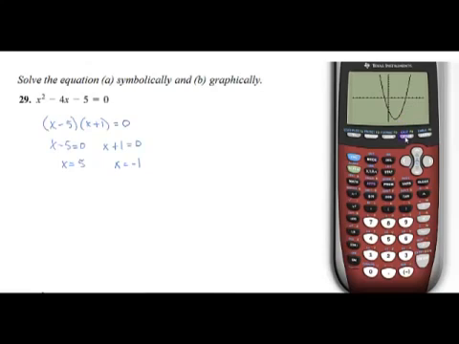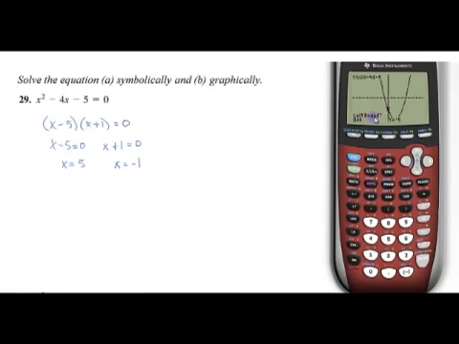Okay, so what we need to do is use the calculate menu right here. So second, calculate, and we want to find the 0. In other words, when that function value, the y value, is 0. Here we want to focus in on this first intercept point.